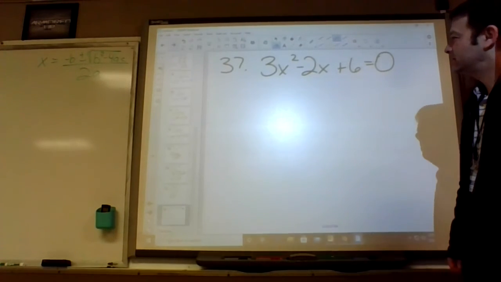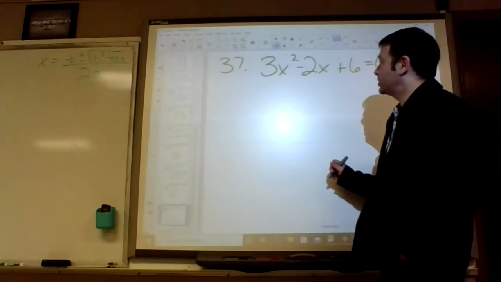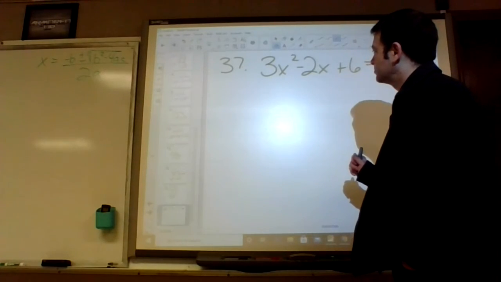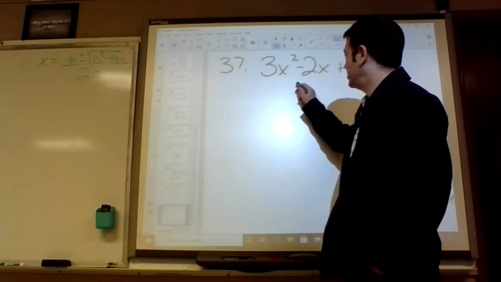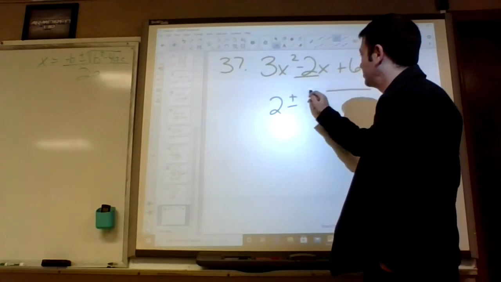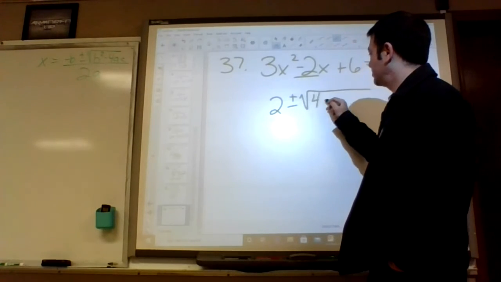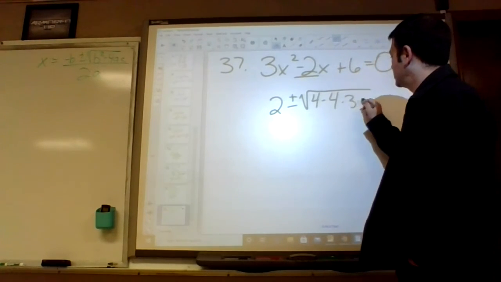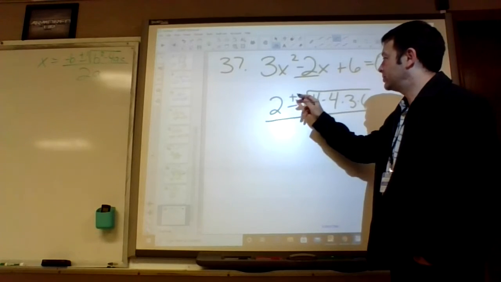Yeah, it's not it. Alright, so if it doesn't factor, what are we going to do? Quadratic formula. Negative b is positive 2 plus or minus the square root of b squared minus 4ac over 2a.